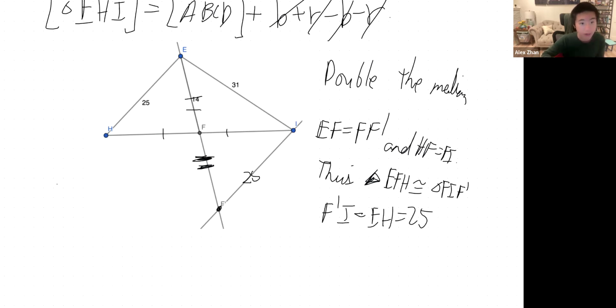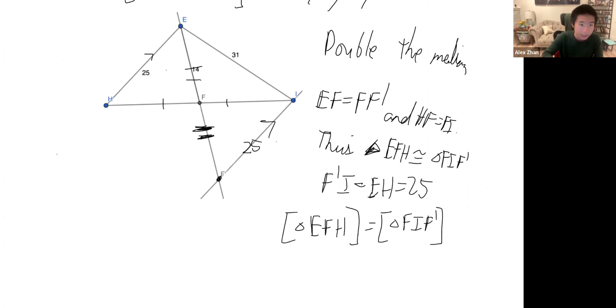Now, so we have F prime I is equal to EH equals 25. And these two are technically also parallel, but that's not really relevant in this problem. What's more important is that the area of triangle EFH is equal to the area of triangle FI F prime.